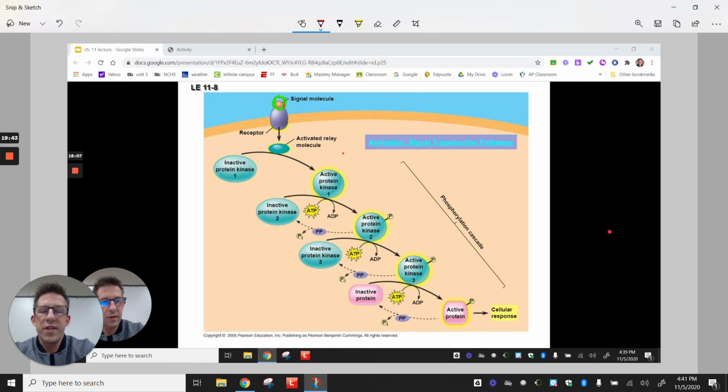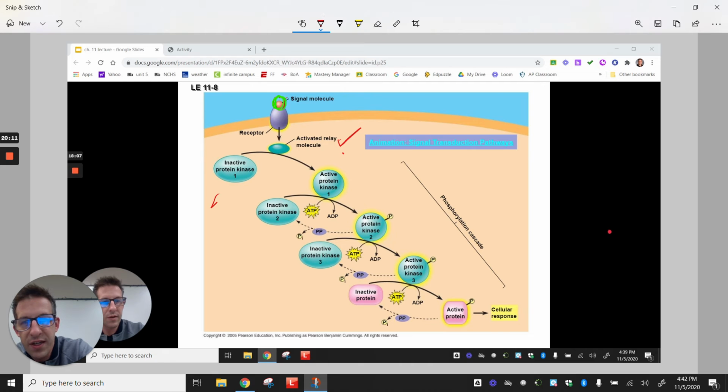All right. So at this point we have an activated relay molecule, right? And we want to then activate a bunch of other molecules in the cytoplasm that will relay this signal through the cytoplasm and eventually elicit some cell response. But to do that, we have to activate some stuff, because activated things can then send their message to the next molecule. And that's what we see here.